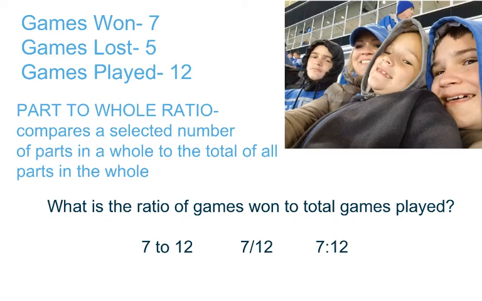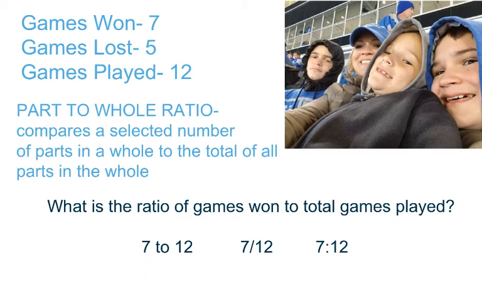Our question is, what is the ratio of games won to total games played? 7 games were won, 5 games were lost, giving a total of 12 games played. So the ratio games won to games played is 7 to 12.